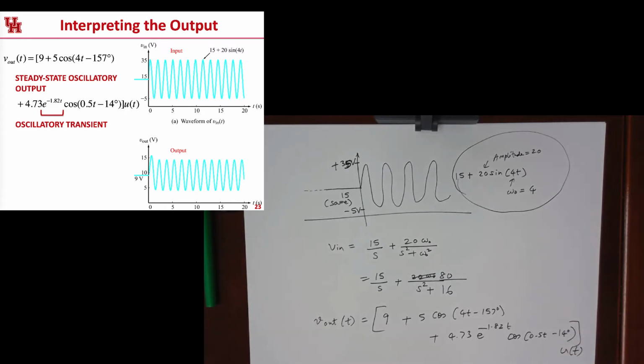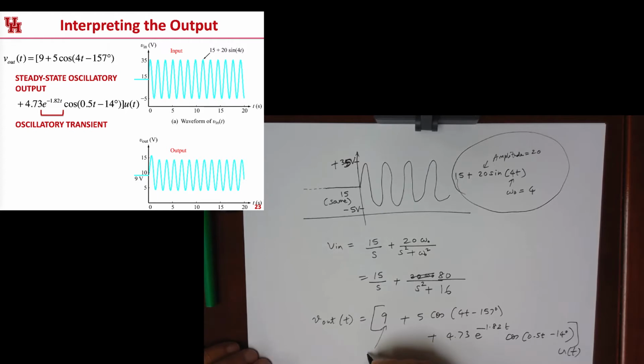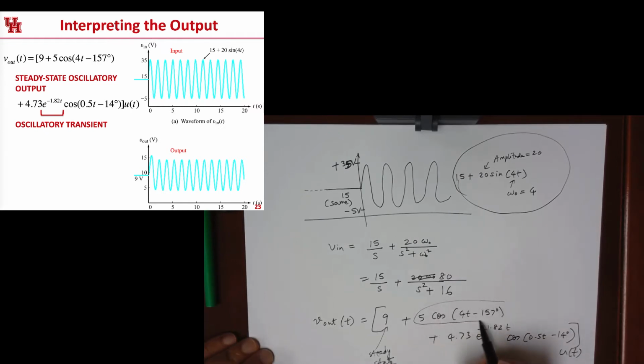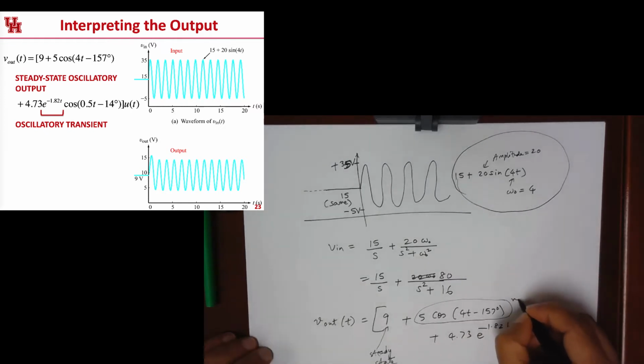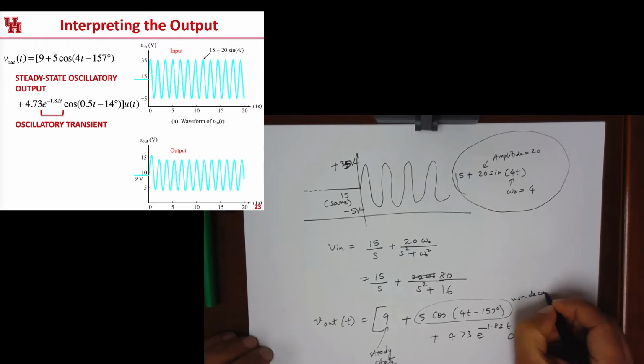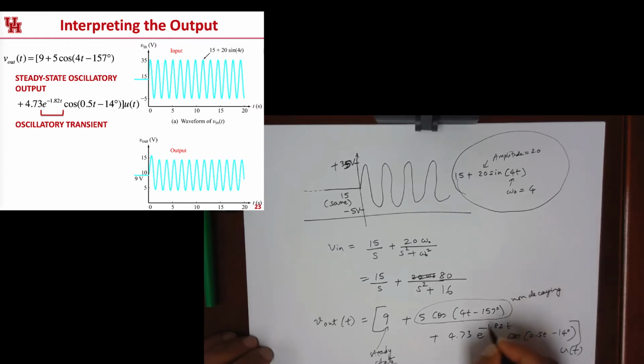So if you think about the output, there is a steady state value which is 9 volts. It's kind of like a DC value. But then we have a non-decaying sinusoid, i.e., this is a part of the steady state solution.